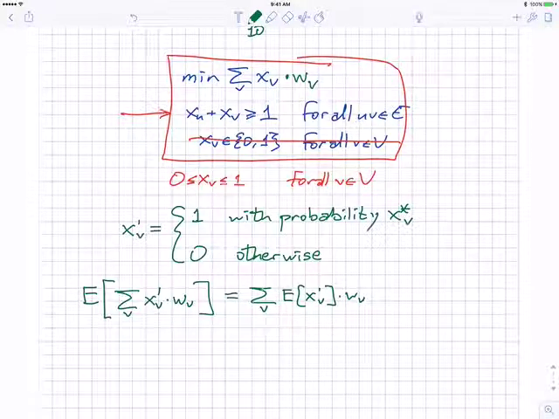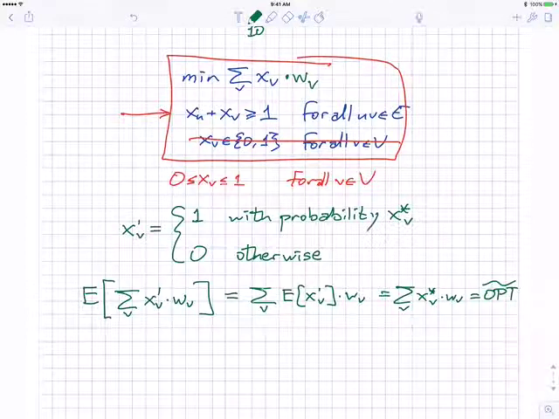So that expected value is equal to the probability that this indicator variable is equal to 1. That's just x star of v, which is exactly the optimal fractional value. Right? So I've chosen a set of vertices whose expected size is equal to this optimal fractional value.